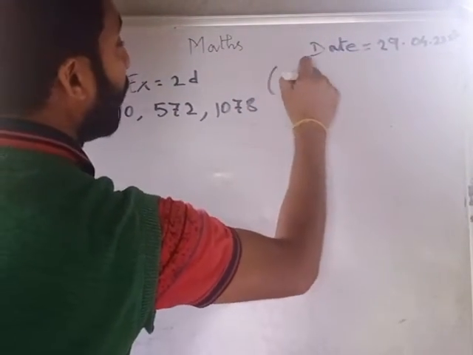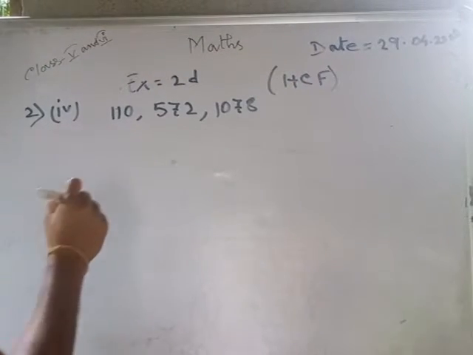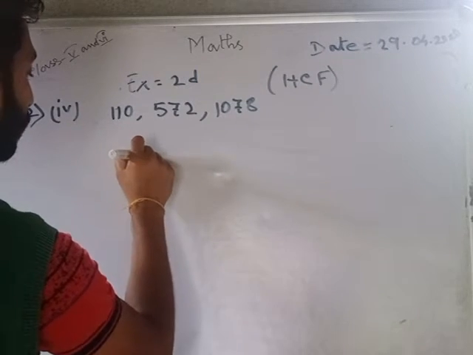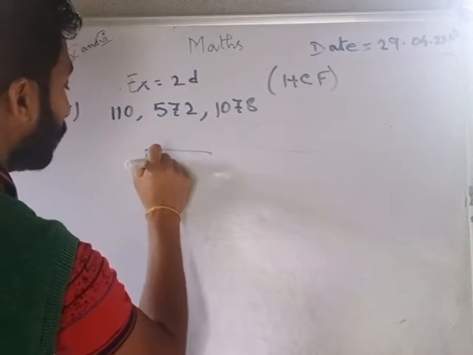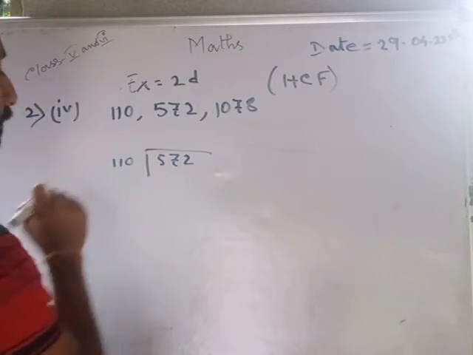How to find out the HCF using the method of division? You can find it out like this.